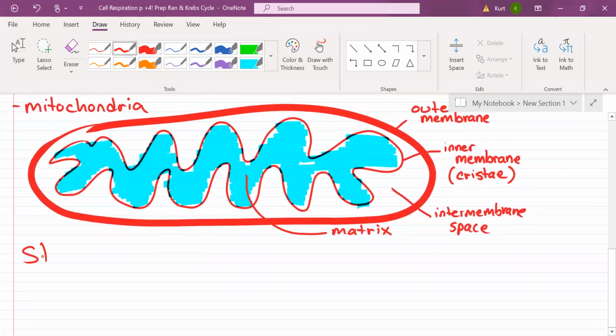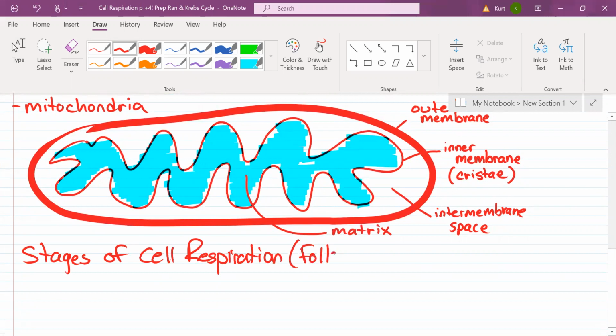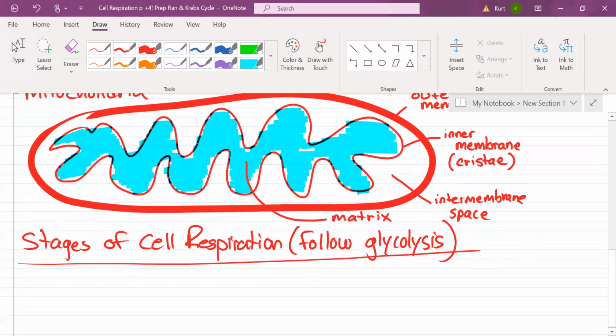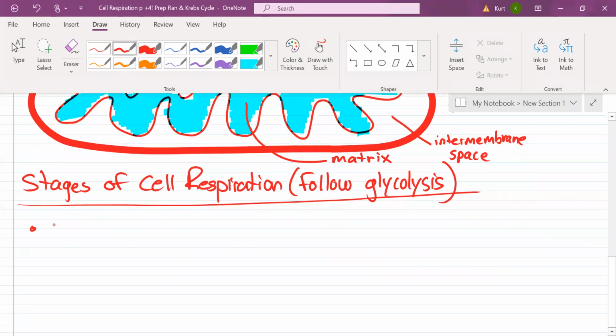So let's go over the stages of cell respiration. Remember that this all begins with glycolysis, so I'm still going to mention that these follow glycolysis. Okay, first, we have the preparatory reaction. You can call it the prep reaction for short.